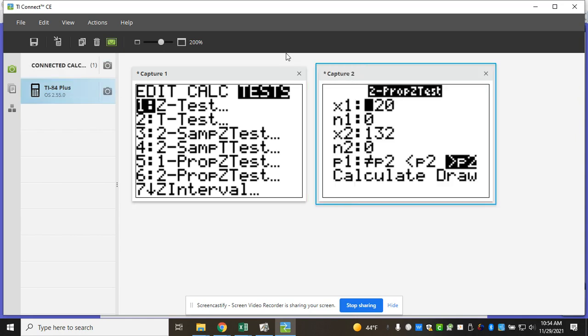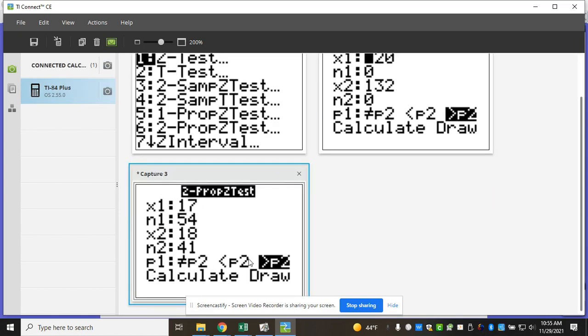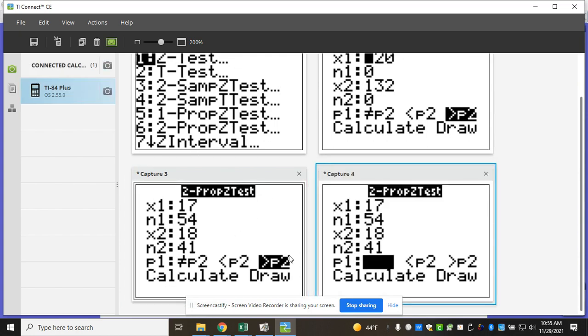So your X1 was 17. What was your N1? 54. What's your X2? 18, and 41. So right now, I have to decide which one of these it is. When I decide not equal to, and I am running a test, that tells the calculator that it needs to be pooled.